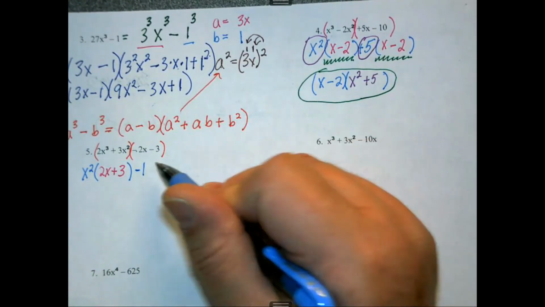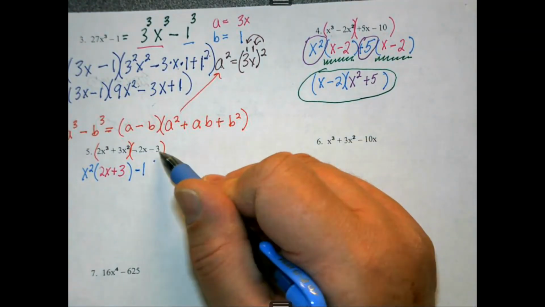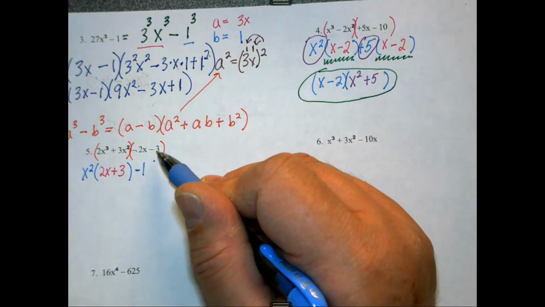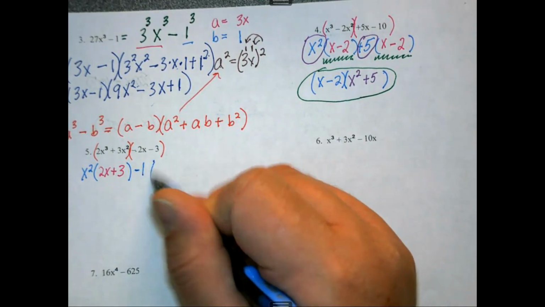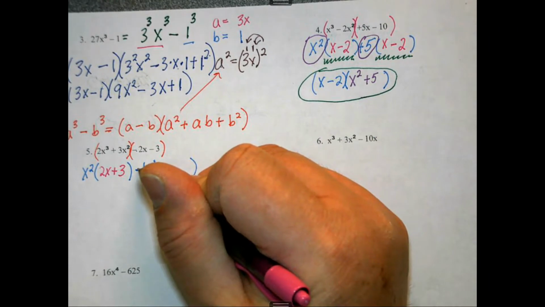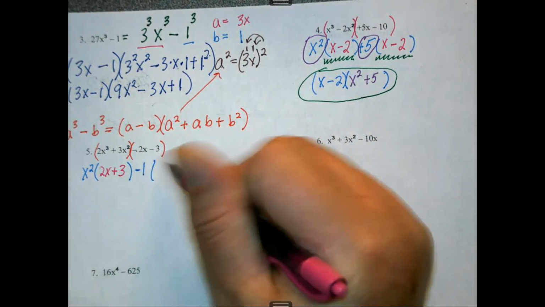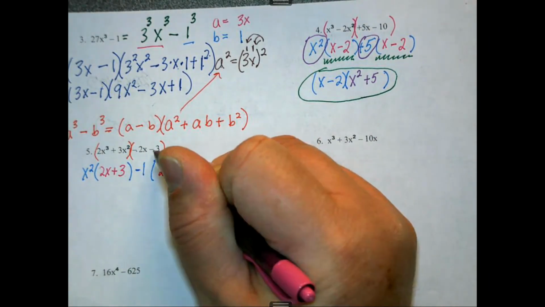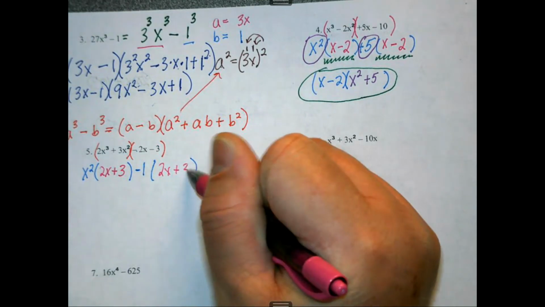Why not just take -2 out? Well, I can't take a negative 2 out of 3, so I can't divide 3 by 2. So it'll be just 2x plus 3. Remember, because I've taken out a negative one, you have to change the signs here, so it's just 2x plus 3.